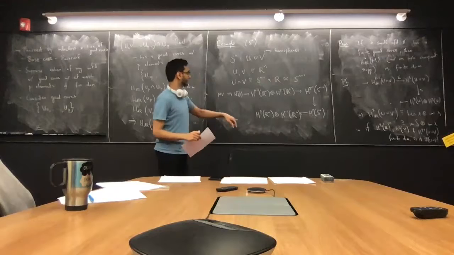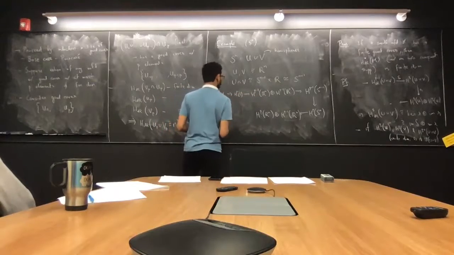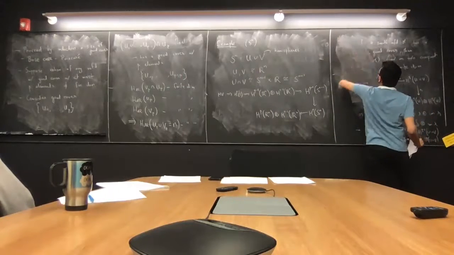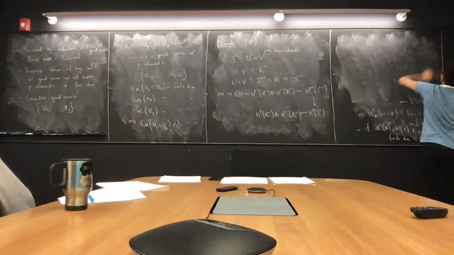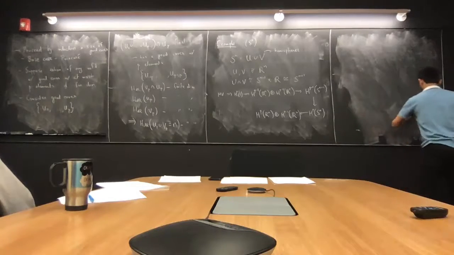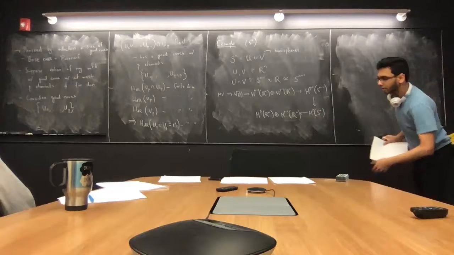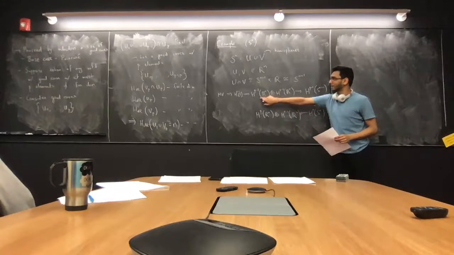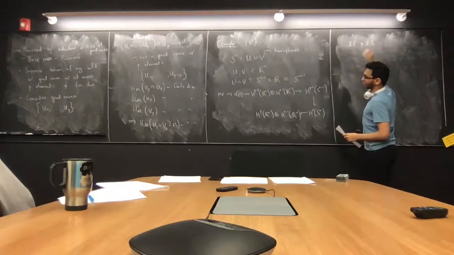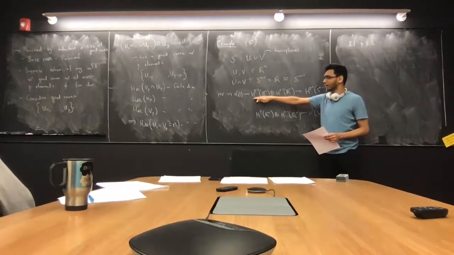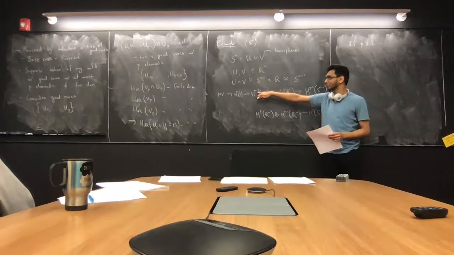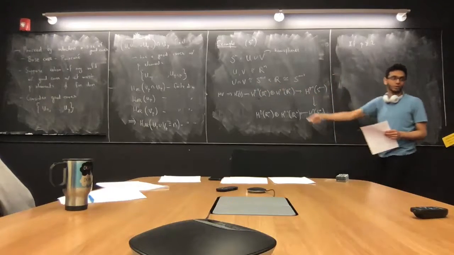So in particular, if p minus 1 is greater than or equal to 1, so p greater than or equal to 2, the homology group of Rn with degree greater than or equal to 1 is always trivial.